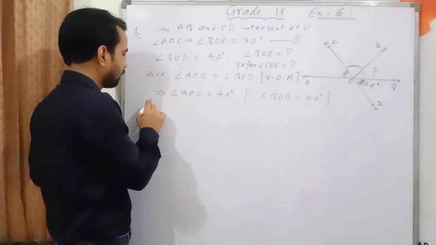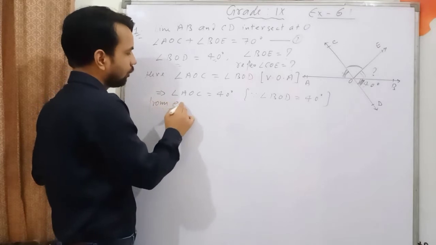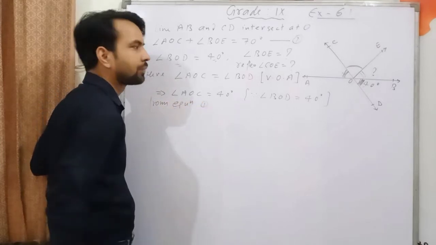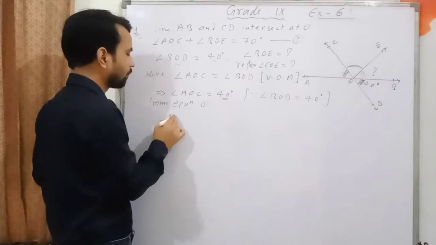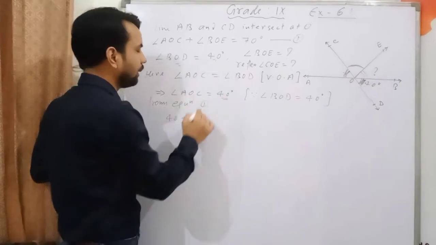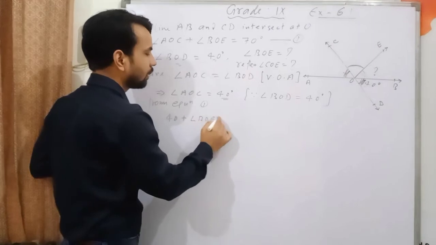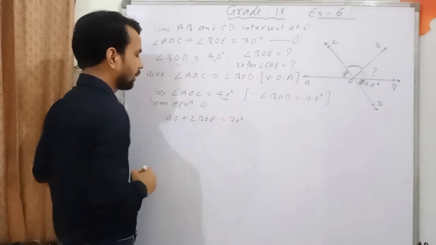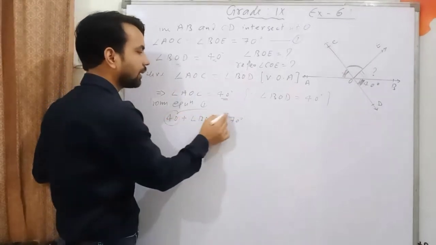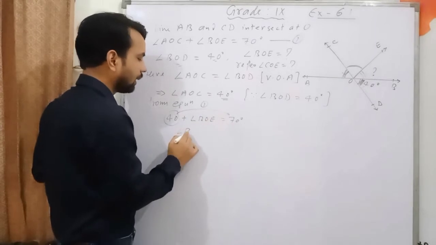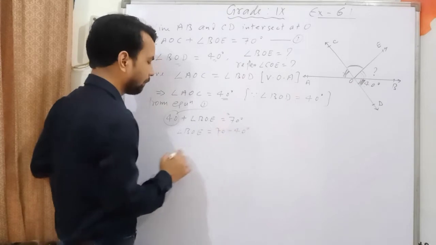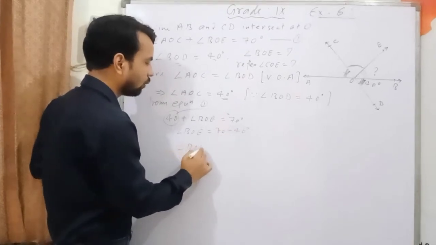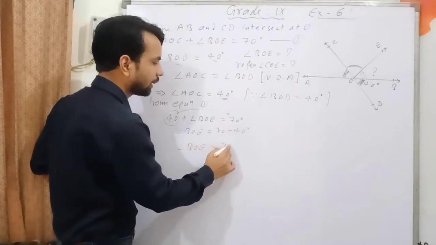So from equation 1, angle AOC is 40, plus angle BOE, which we have to find, equals 70 degrees. Now this 40 can be shifted to the right-hand side. So angle BOE equals 70 minus 40 degrees, so angle BOE equals 30 degrees.